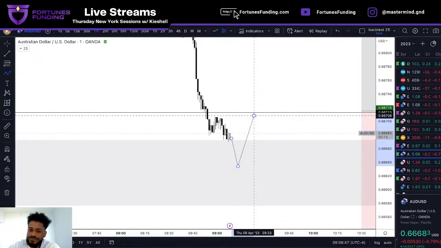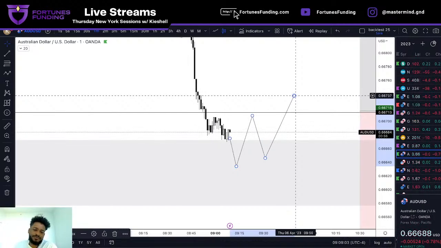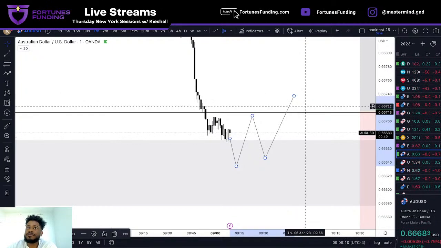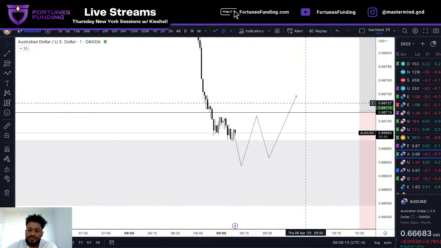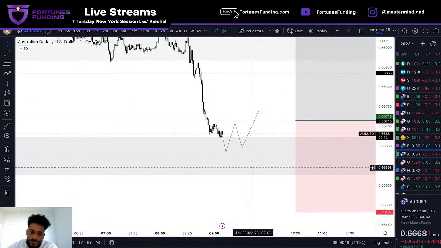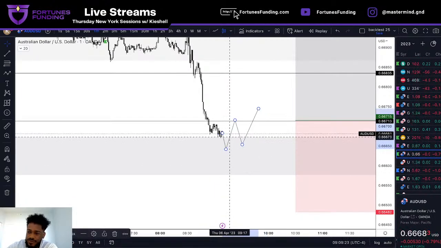If we get confirmation, we could probably get a tighter stop, lower risk, on maybe like a 1 minute entry or a 5 minute entry, right? But this would be the 1 hour demand. So usually once we tap into that demand, that's when we could get confirmation.